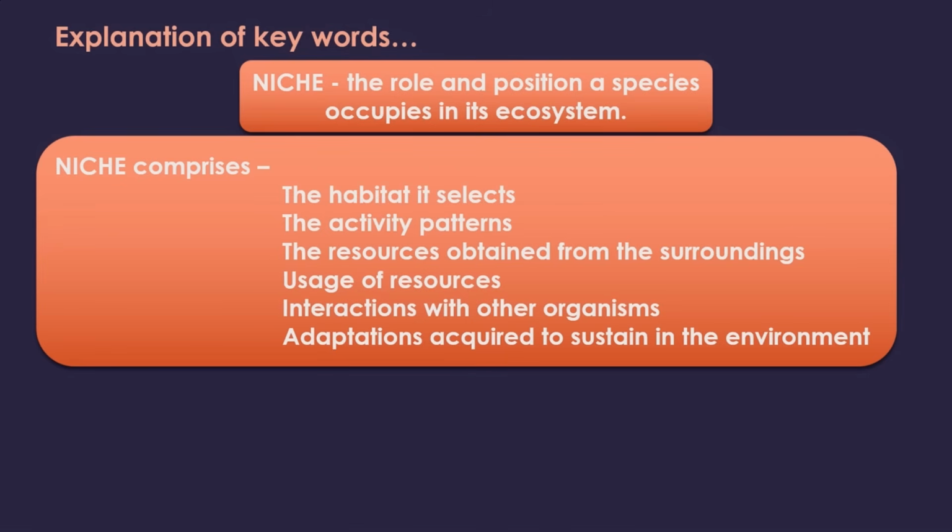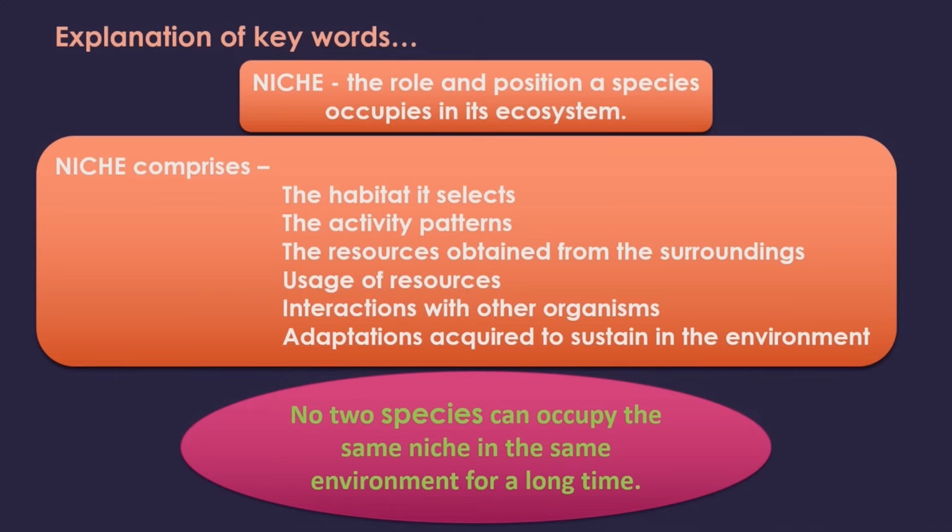Niche comprises the habitat the organism selects, the activity patterns, that means during the night time or during the morning time the organism moves actively for feeding, the resources obtained from the surroundings and their uses, interactions with other organisms, and the adaptations acquired by the organism that are helpful for sustaining in the environment.